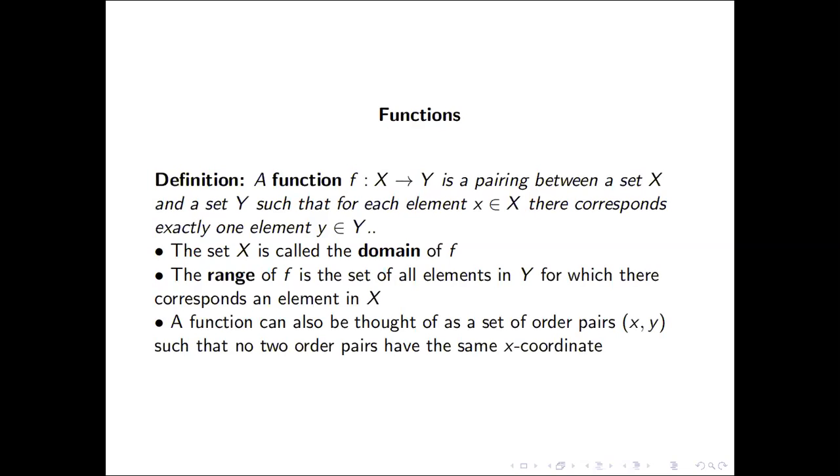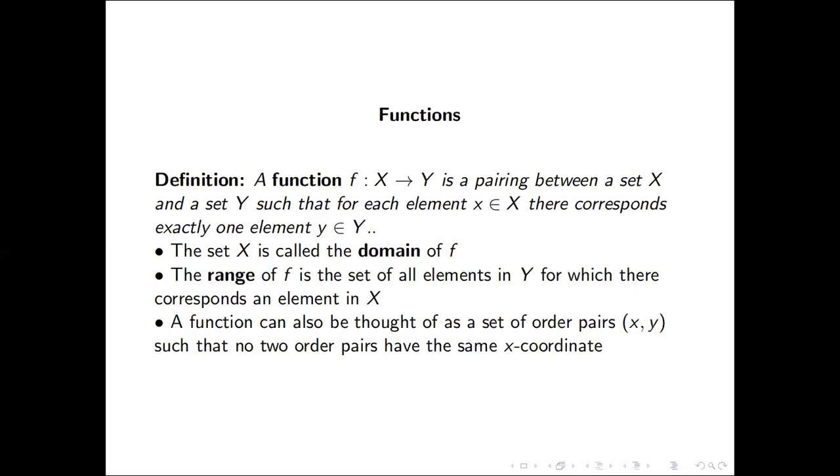define a function is as follows. A function can be defined as a set of ordered pairs. Since we have a pairing, instead of a diagram, which we can draw by pairing diagrammatically or graphically each element of X to its corresponding element in Y by using arrows, we can just write down those pairings as ordered pairs.